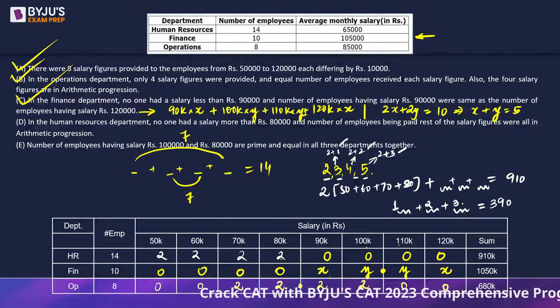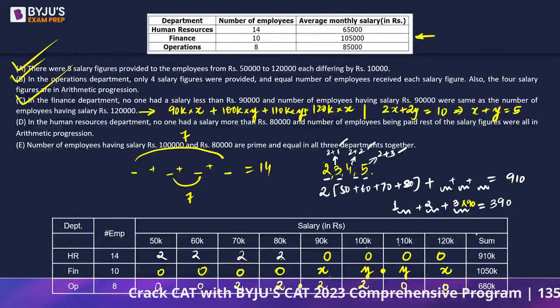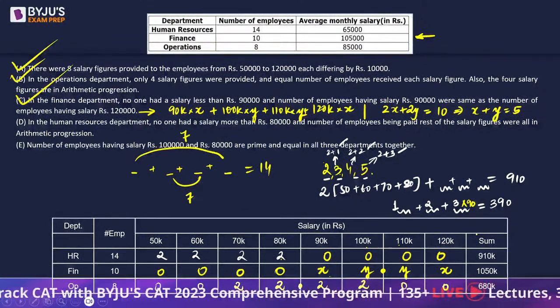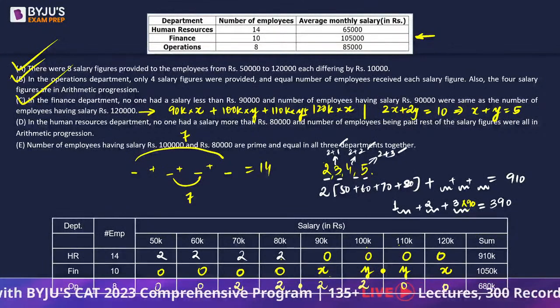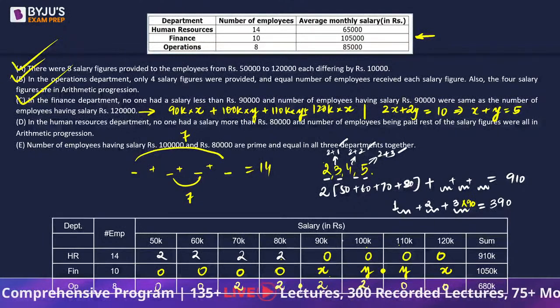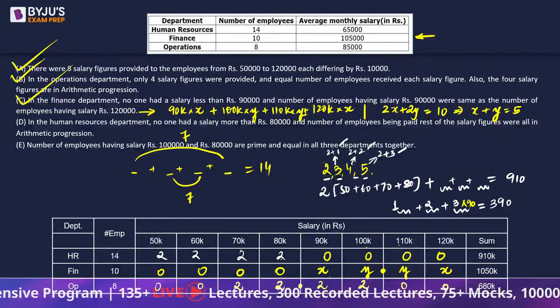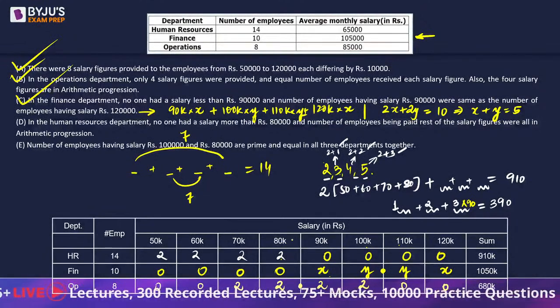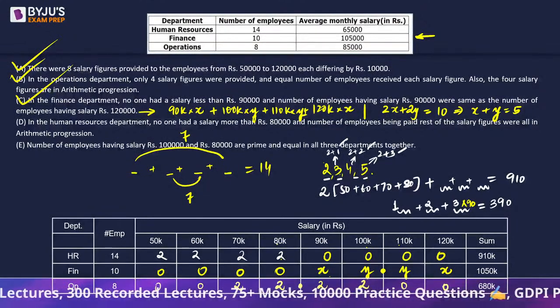So if I do 3 into 90, this is 270. So I need another 120. If I need another 120, then 2 into 50 and 6 cannot happen. So can we say 80,000 cannot be 5?